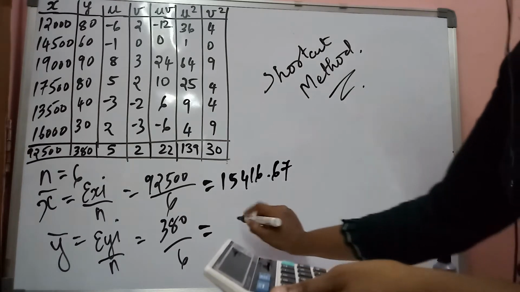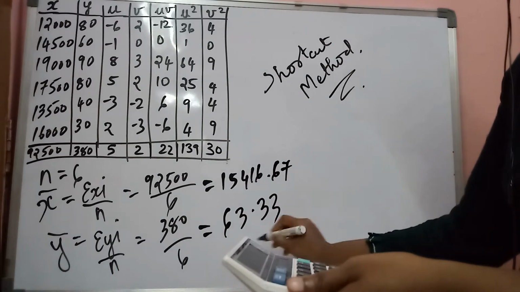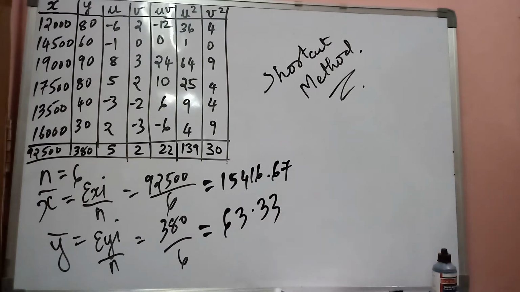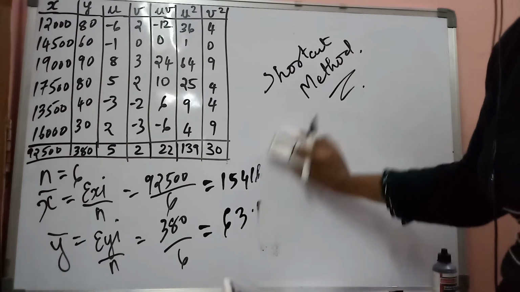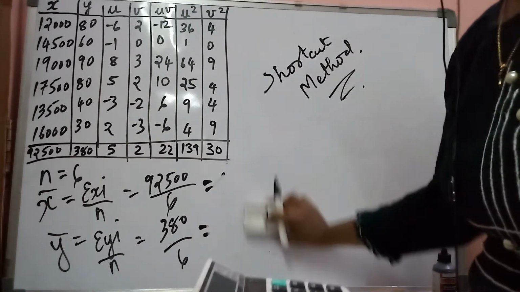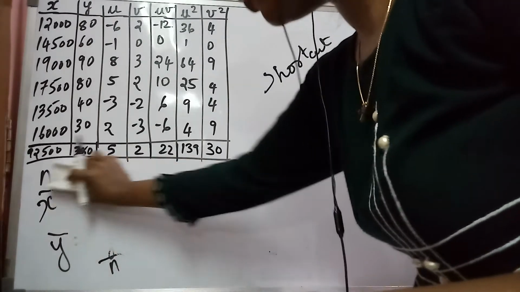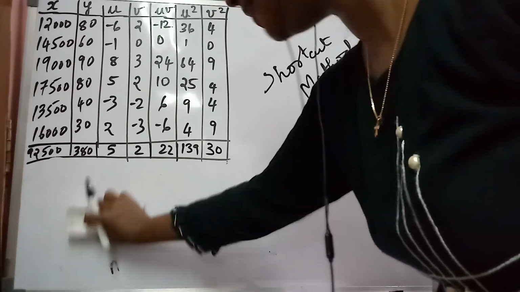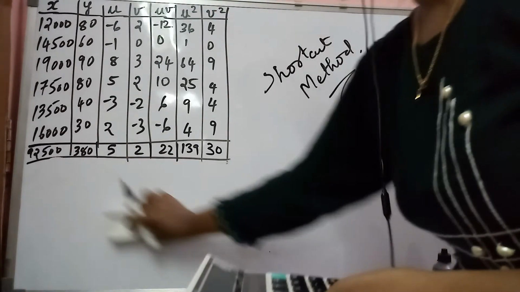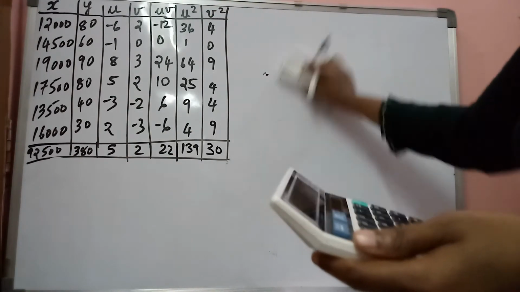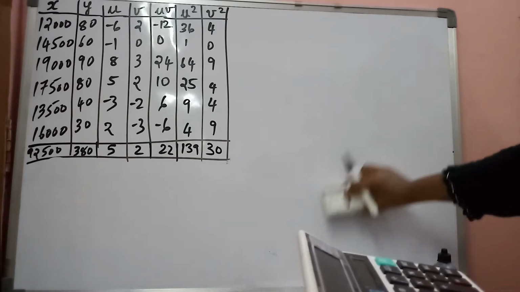So it is 63.33. Clear with this? Now after finding this, you have to calculate your u and v. I don't have any space, that's why I'm rubbing it. Clear? So now let's calculate.